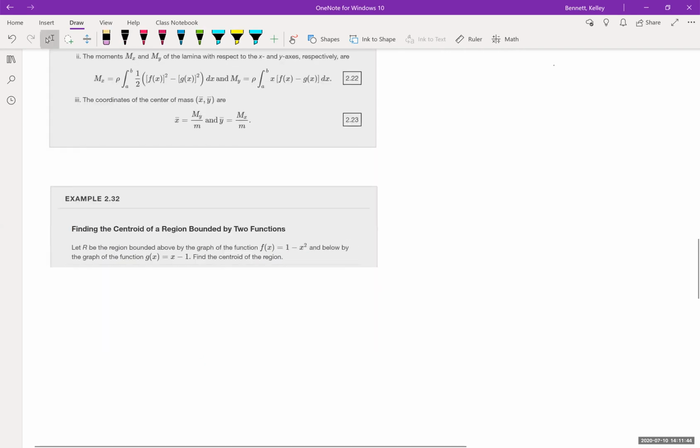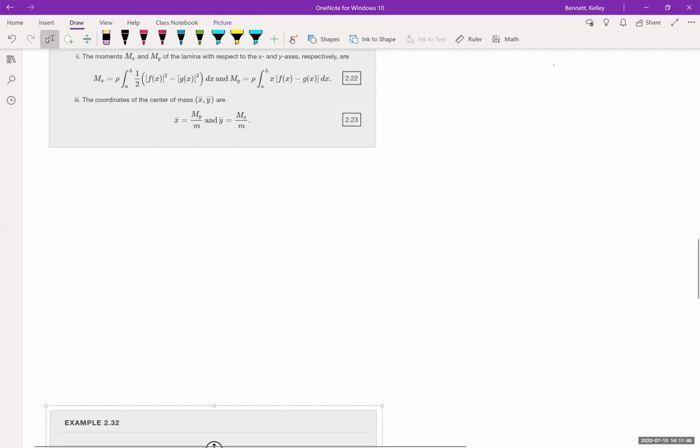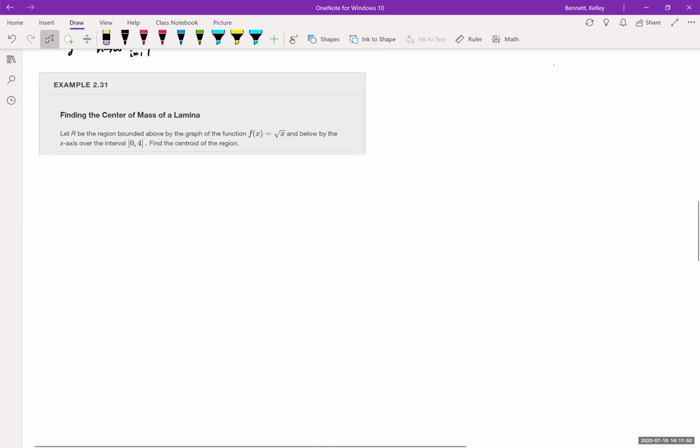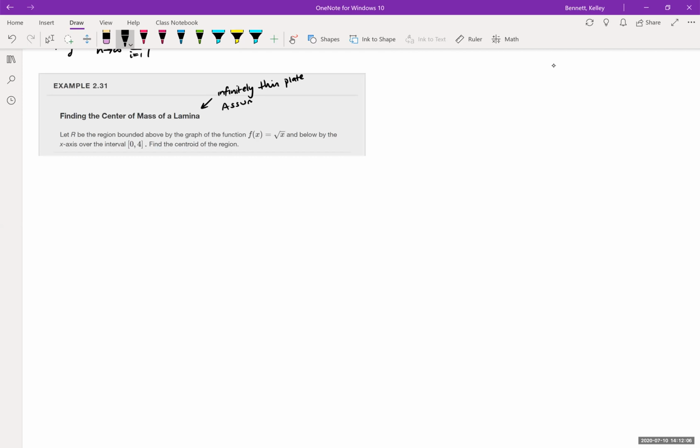So let's do an example of that. Let me scroll all this stuff down. So if we want to find the center of mass of a lamina, which again is an infinitely thin plate, and we're going to assume rho is constant, right?